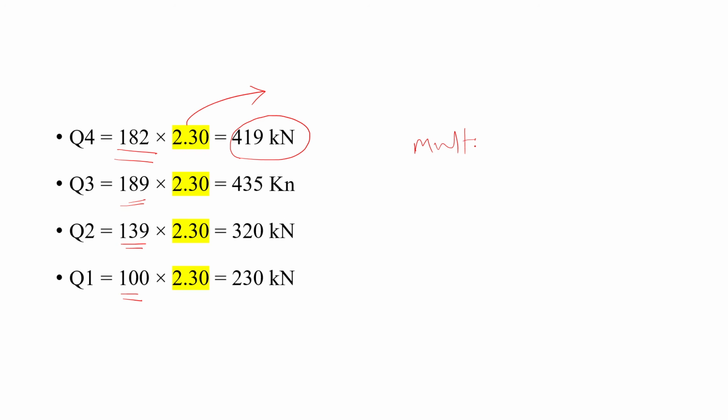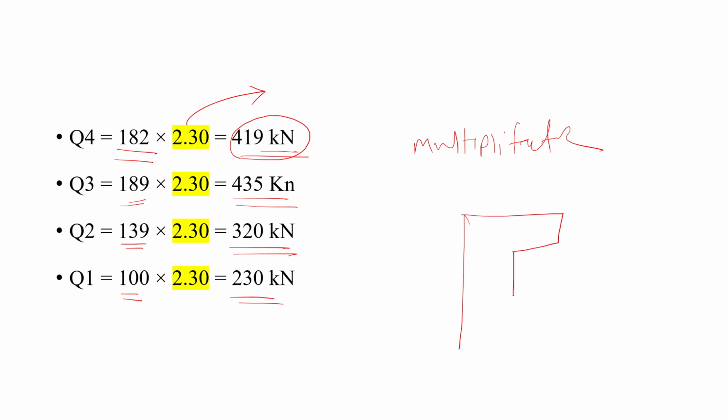This is what we have to do as per the code. The code says multiply all the response quantities. So you will get these story shears, like this is 419, 435. Like this we will get the values for each story.